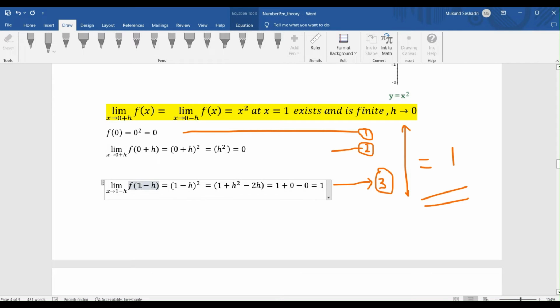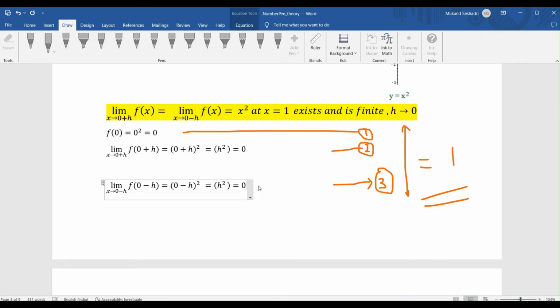Next, I have my 0 minus h, which is my left hand limit. And then I do 0 minus h the whole square, which is again minus h into minus h becomes plus h square, which is again 0.